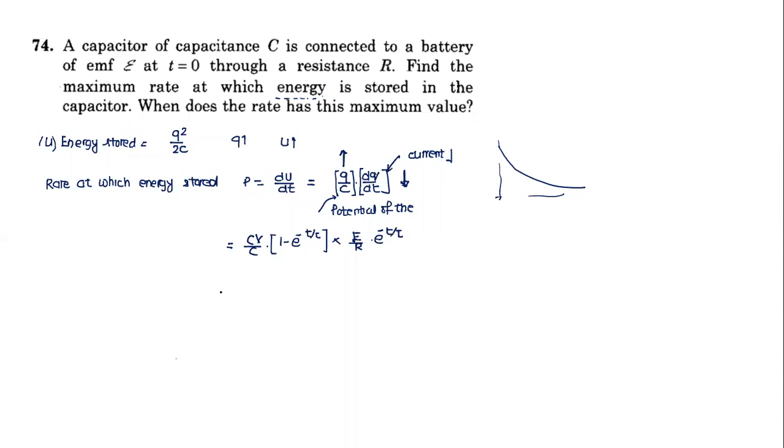So that's the expression here. And of course it becomes equal to E square by R, which makes sense. The unit has to be the unit of power, the rate at which energy is stored: e raised to power minus t by tau minus e raised to power minus 2t by tau. But this is the rate at which energy is stored. We have to find the maximum rate. For the maximum rate of energy stored, what do we need to do now?